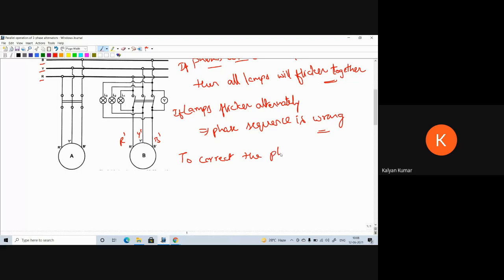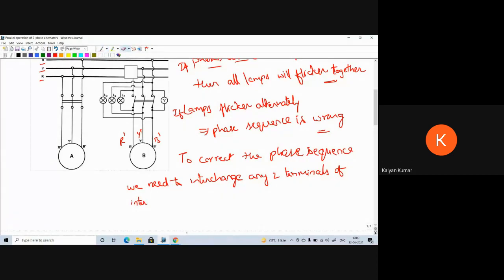Suppose the lamps are flickering alternately, so when L1 is bright, L2 becomes dark, and next L3 becomes dark. In that case, to correct the phase sequence, we need to interchange any two terminals of the incoming alternator.